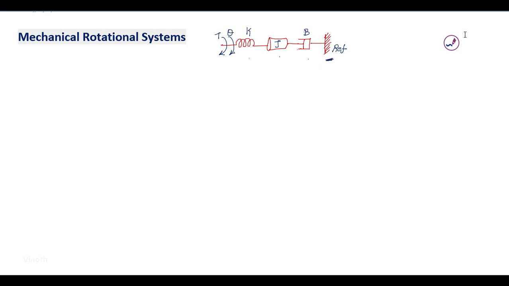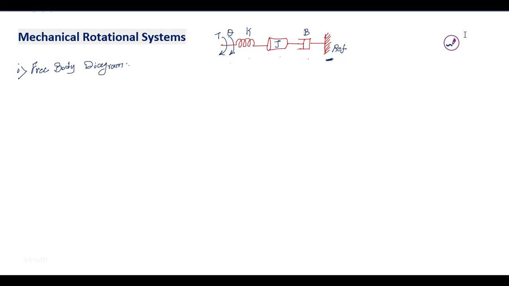When a torque is applied in the clockwise direction, the angular displacement is also in the direction in which the torque is applied. We already know the mass element is to be considered as a node in a mechanical system, and an external torque is applied. So let us first draw the free body diagram.